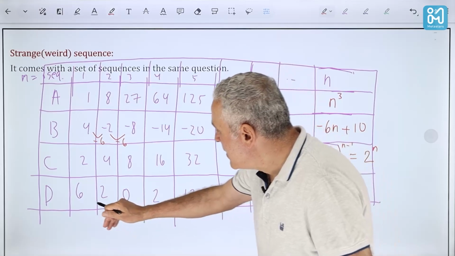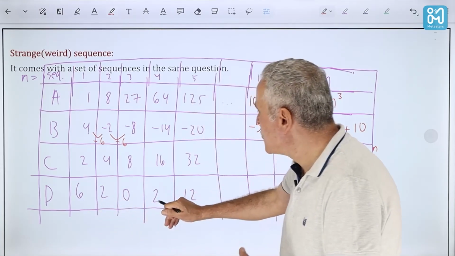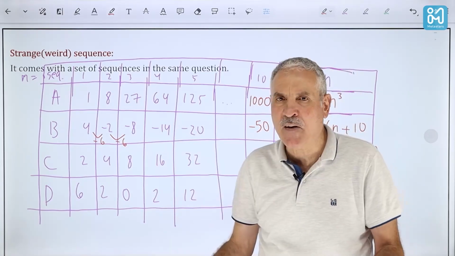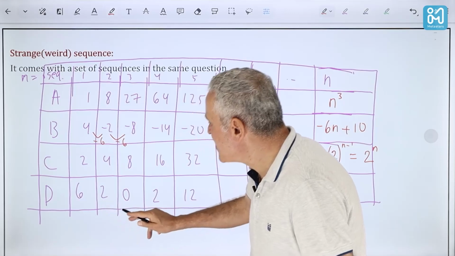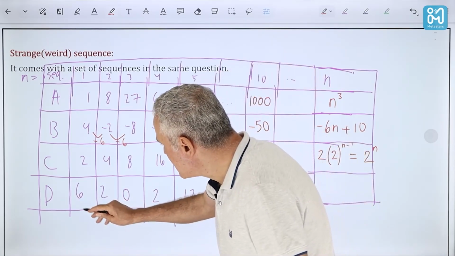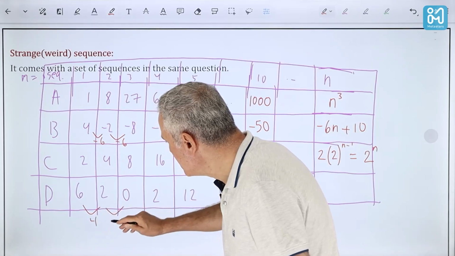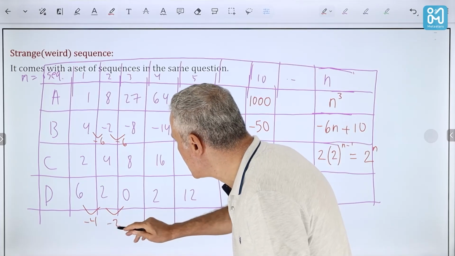And now we have here, differences are 4, minus 2, plus 2, plus 10. Definitely not arithmetic. Times 1/3, times 0. It's not geometric. Differences between the differences. That is minus 4. This is minus 2.